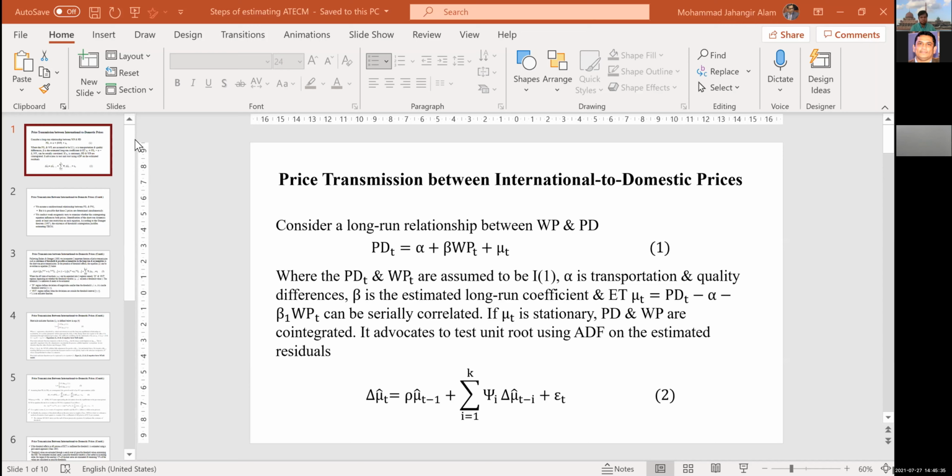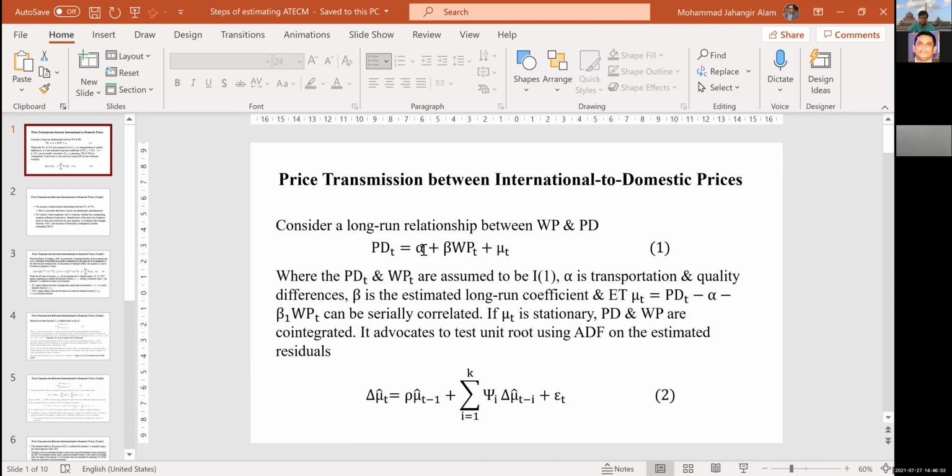So how do we see whether these two prices, the world price and the domestic price, are integrated or not? There are two different ways. Considering one price as the endogenous one, in this equation you can see the domestic price, as this is time series, so this is t, equals alpha plus beta of the world price.